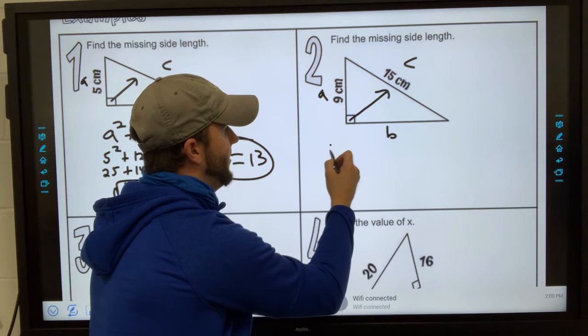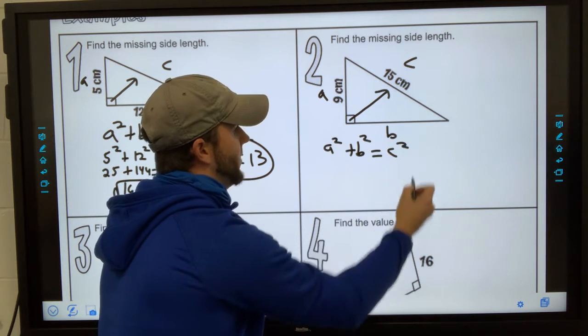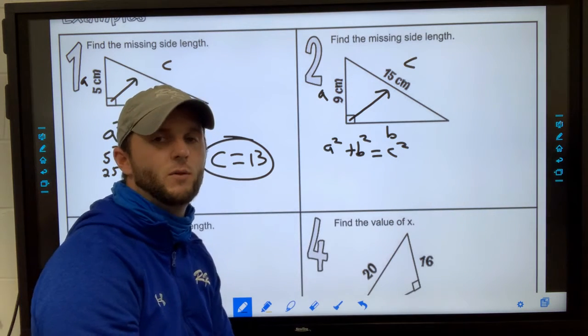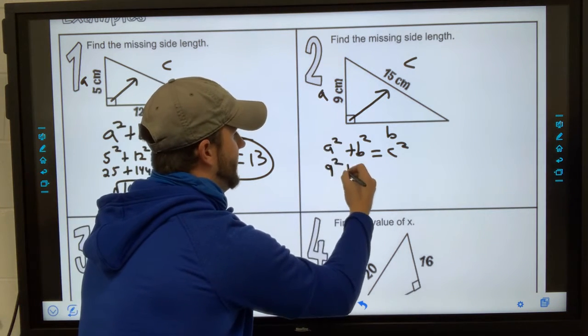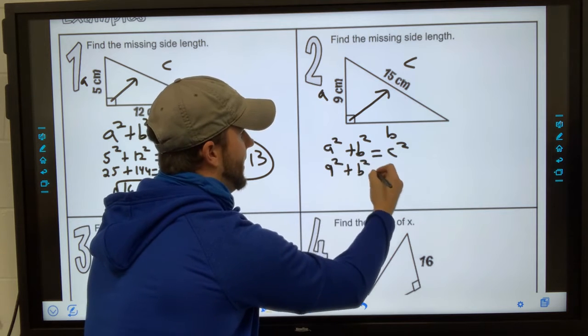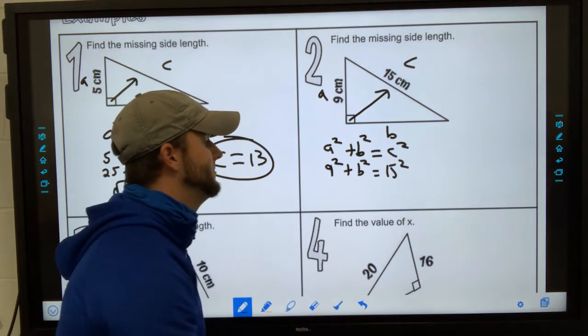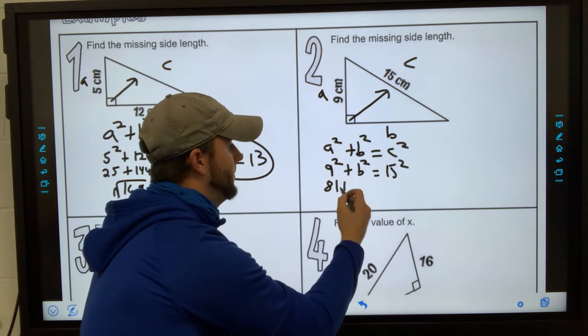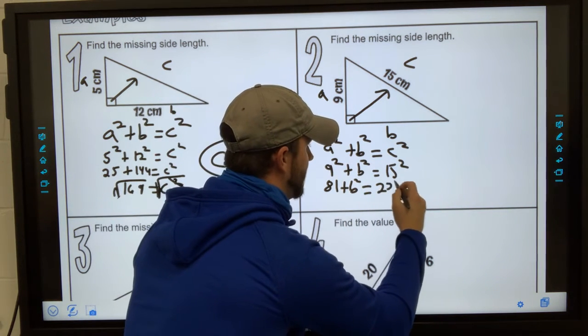So I know Pythagorean theorem, a squared plus b squared equals c squared. So let's go and plug in my info and then solve for it. So a is 9, so I'm going to get 9 squared plus b squared is going to equal 15 squared, okay? So 9 times 9 is going to give me 81, b squared, 15 times 15 is 225.